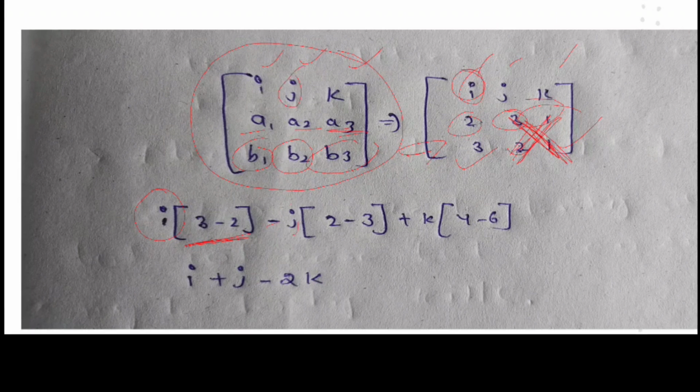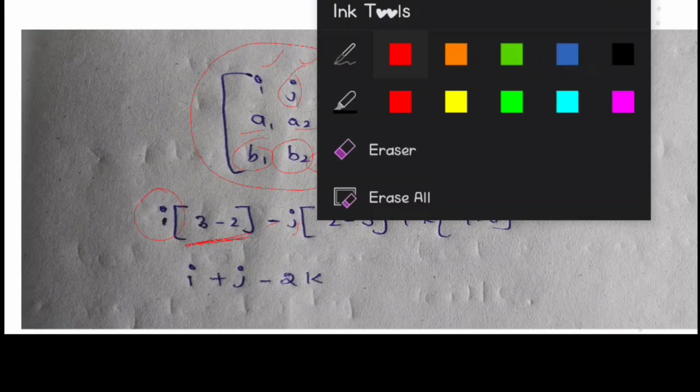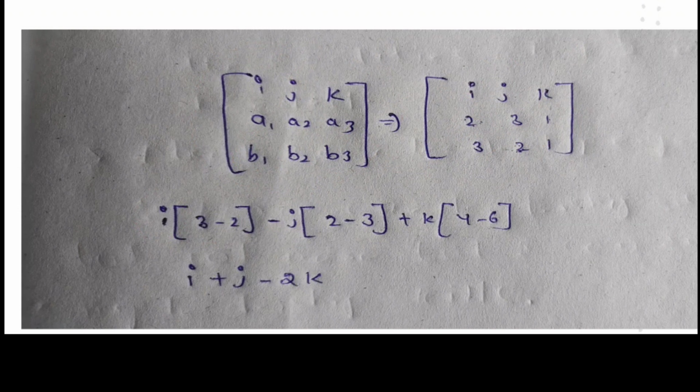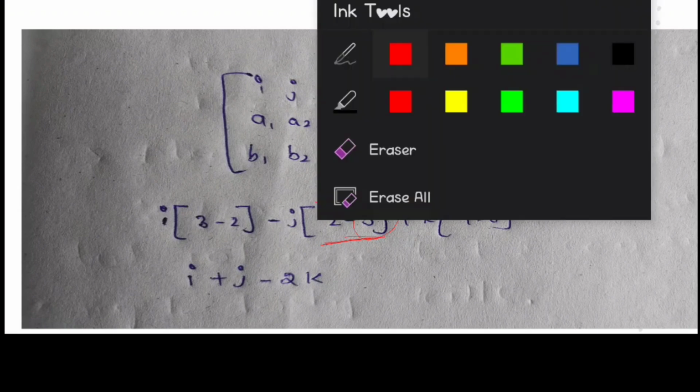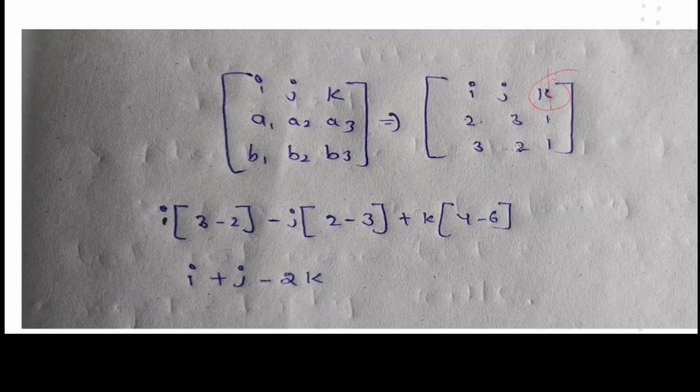Now for j, remove these terms and multiply. 2 ones are 2 minus 3 ones are 3. This is the value, 2 minus 3. And for k, remove these values. And 2 3s are 6, minus 3 2s are 6. Sorry, here 2 2s are 4, 3 3s are 9.